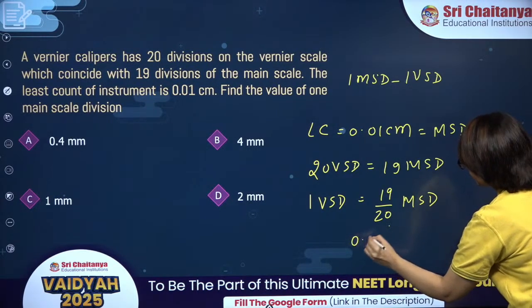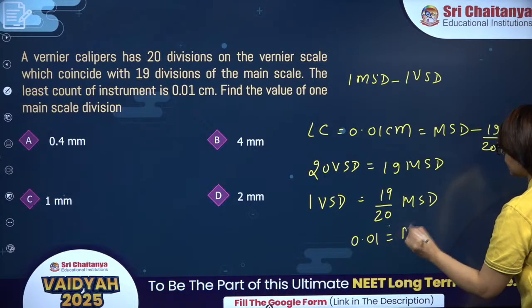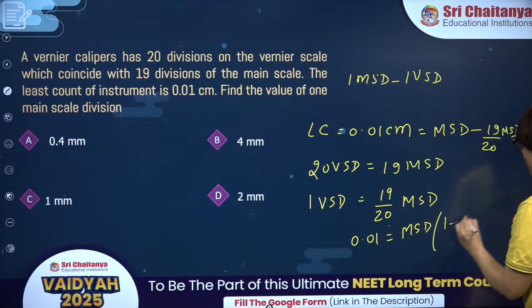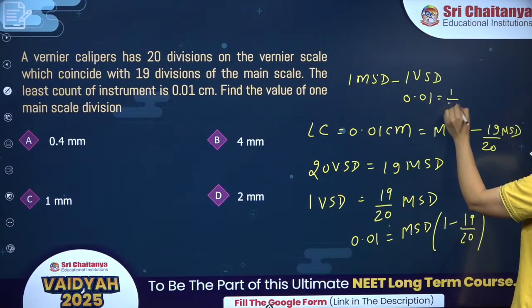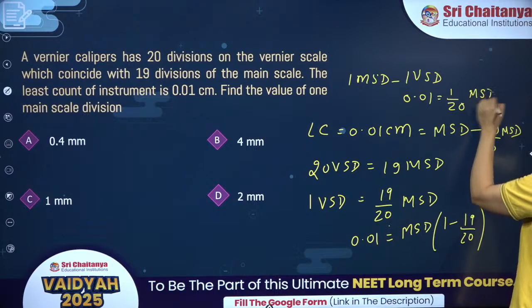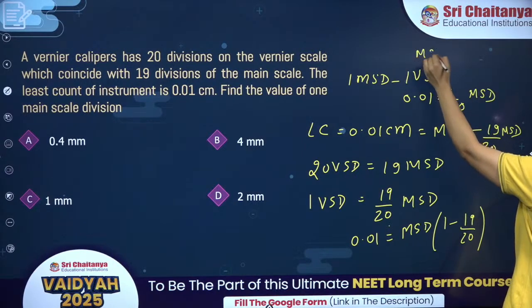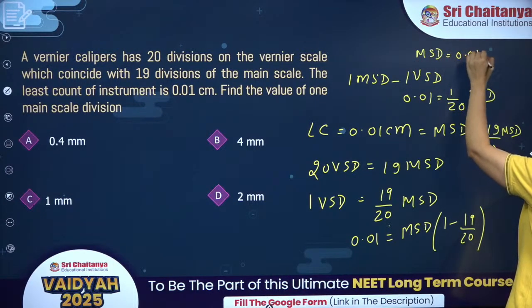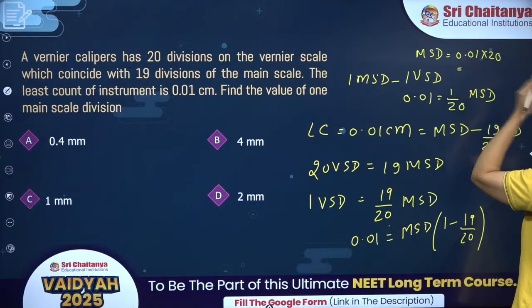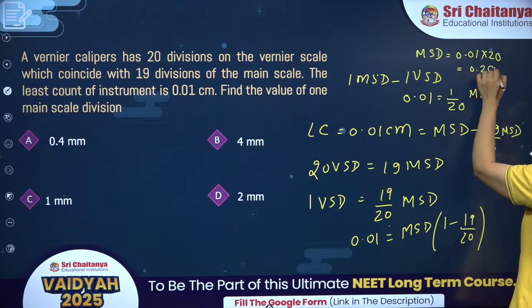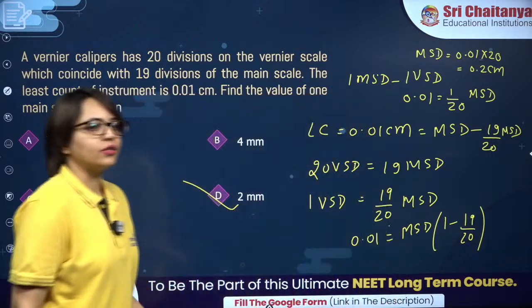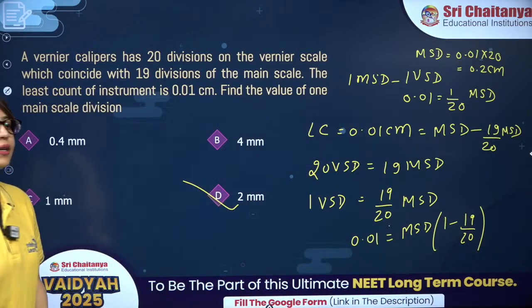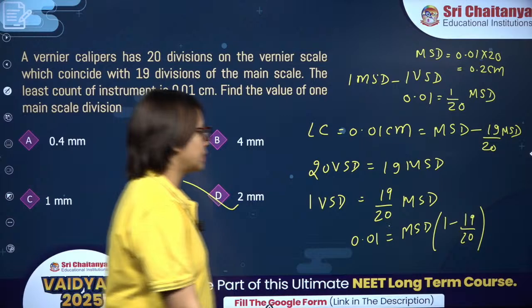So we have 0.01 centimeter as main scale division times 1 minus 19 upon 20, which is 1 by 20 only. So 0.01 is 1 by 20 times MSD. So main scale division is 0.01 into 20, which is equal to 0.2 centimeter, or it is 2 millimeter. So correct answer is option D, beta. 2 millimeter will be the correct answer.